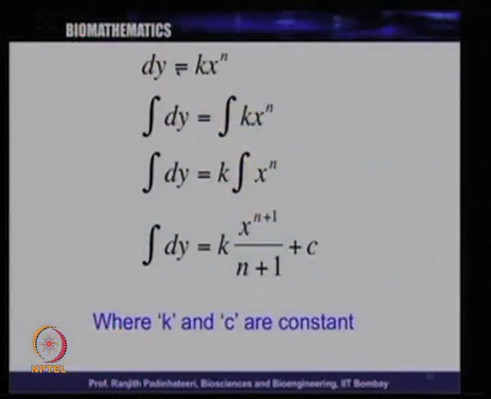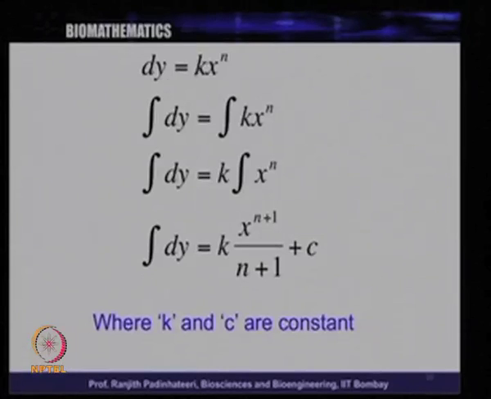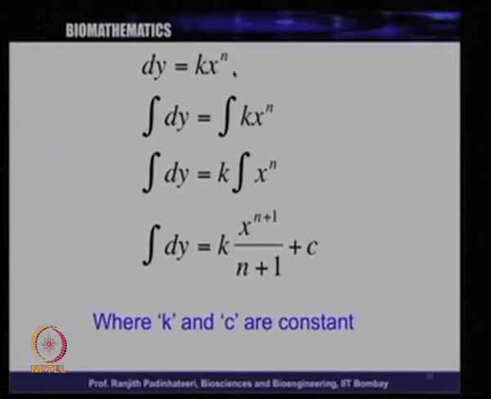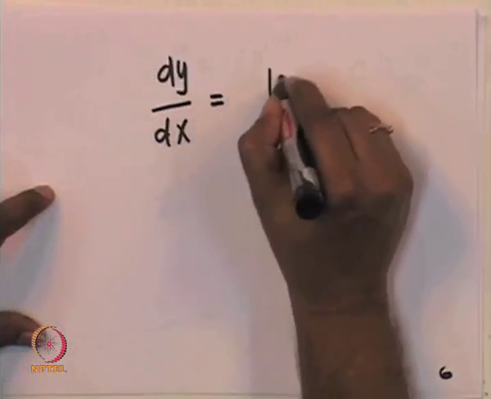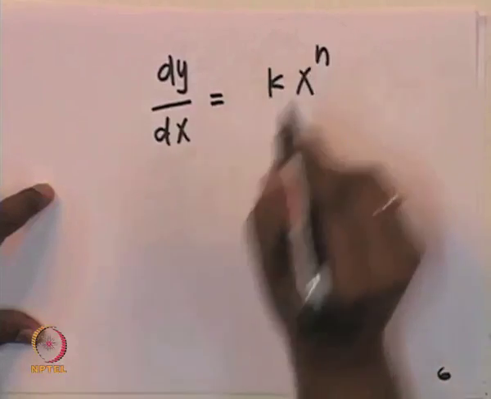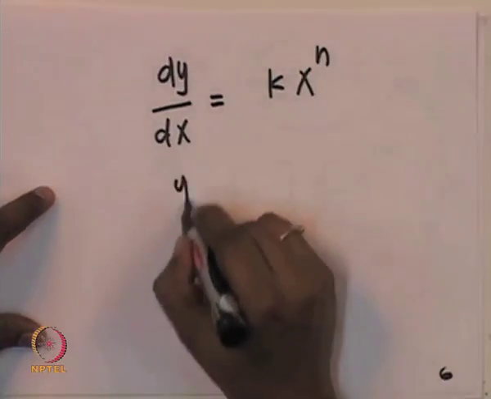We can do similar things here, but just before that we have to know one more thing: if we have dy by dx is k x power n, then what is y?